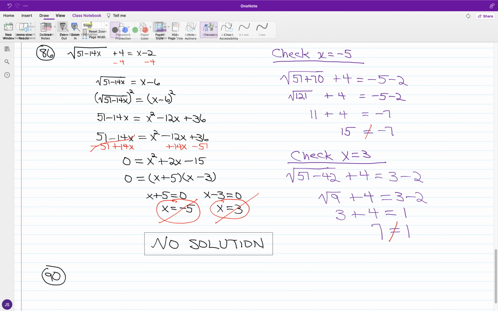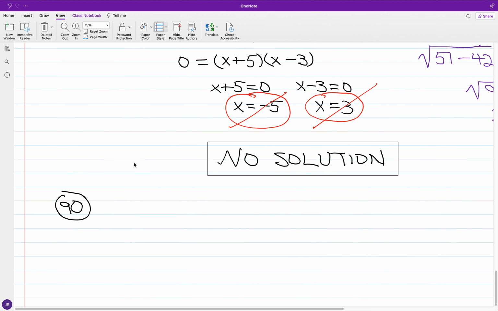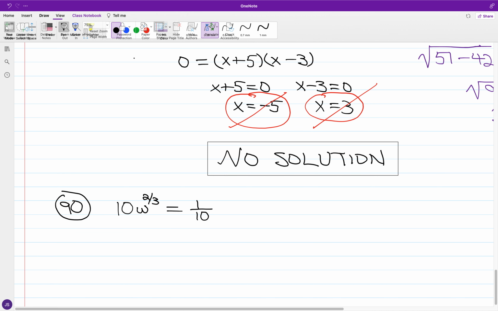In the case of number 90. Okay, so I have 10 times W to the 2/3 is equal to 1/10. Now this one, sort of tricky.